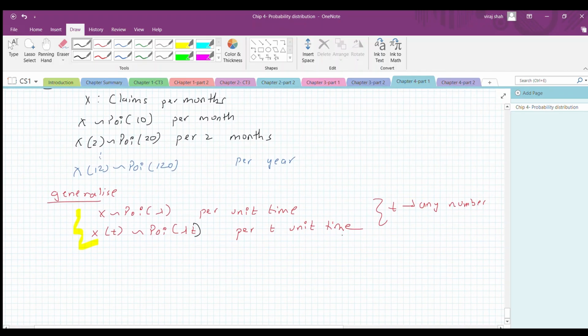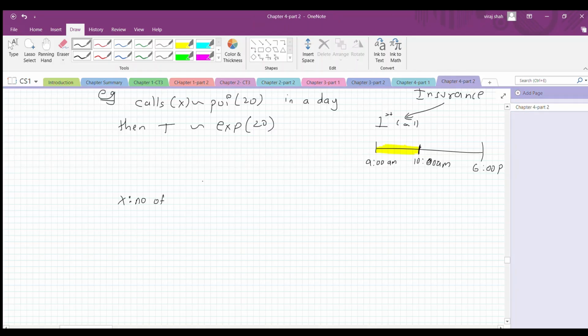So we would be using that now. If I'm measuring per hour or per t hours, x follows Poisson with parameter lambda per day, and in t units, my x would follow Poisson with parameter lambda t.